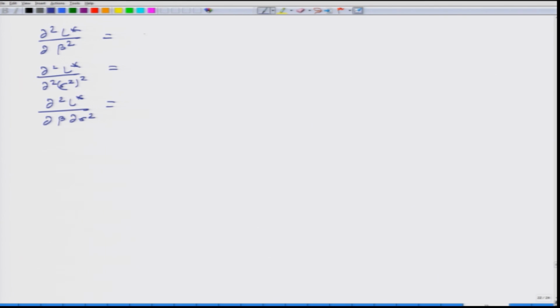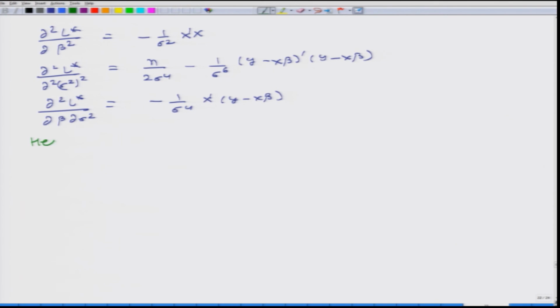We obtain this expression as minus 1 over sigma square X transpose X, this expression is n over 2 sigma to the power of 4 minus 1 over sigma to the power of 6 (y minus X beta) transpose (y minus X beta), and this is minus 1 over sigma to the power of 4 X transpose (y minus X beta).